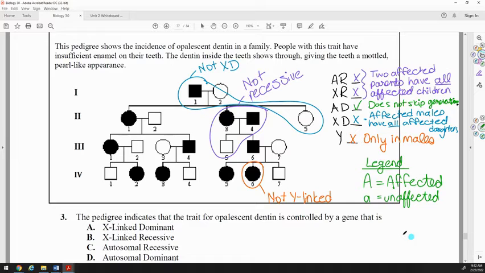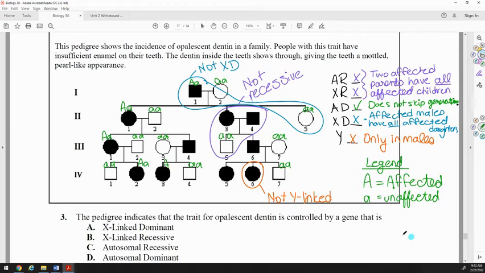I like to start with all the recessives because we know their genotypes for sure. Everyone who is not shaded in is going to have the recessive genotype. After we've labeled all the recessives, we can then label the dominant people, the ones that are shaded in, with at least a capital A, and then we check, does one of their children or one of their parents have the recessive genotype?